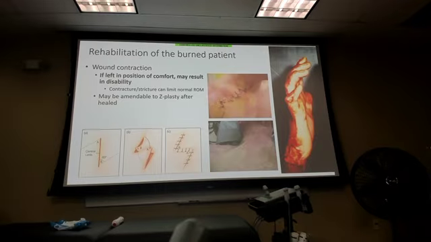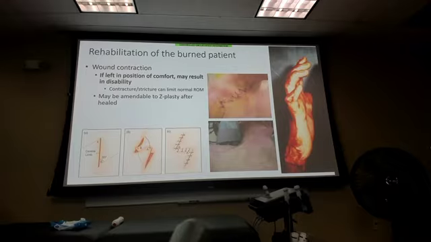All right. So rehabilitation of the burn patient, wound contractures is our next biggest thing that we have to deal with after their initial resuscitation. So now they're not really acute. They're now healed, and so now we're trying to get them back to a functioning state. Just like I said, in terms of their burn edges, even if we do graft them, most of the time they still will contract ever so slightly.